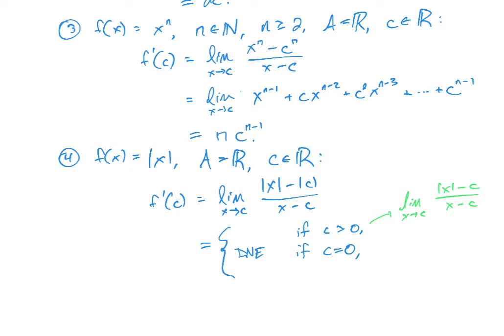And then you're just looking at an x minus c over x minus c, and your limit is 1. And the same thing if c is negative. Eventually x has to be negative, and then you're looking at minus x plus c divided by x minus c, so you get a minus 1. Okay.